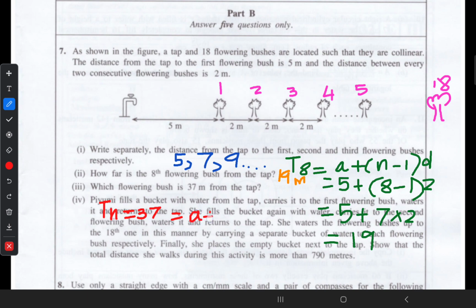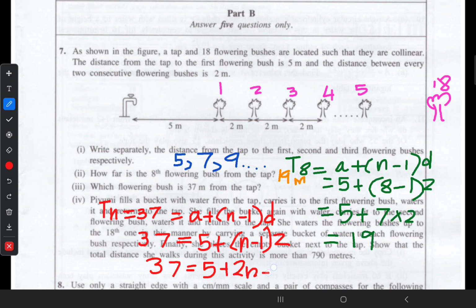A plus n minus 1 into d, you can equalize that with the Tn, which is 37. So 37 equals 5 plus n minus 1, and we have to find n. d is 2. So 37 equals 5 plus, let's expand this bracket by using 2: 2n minus 2.